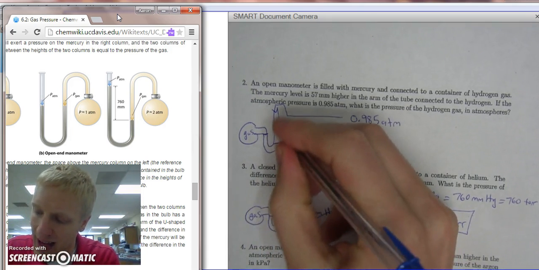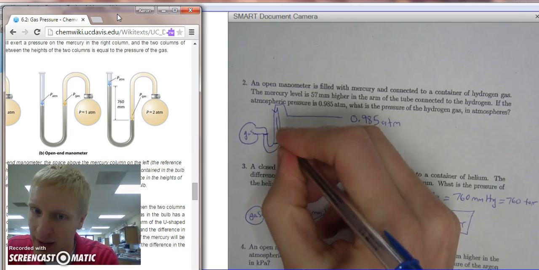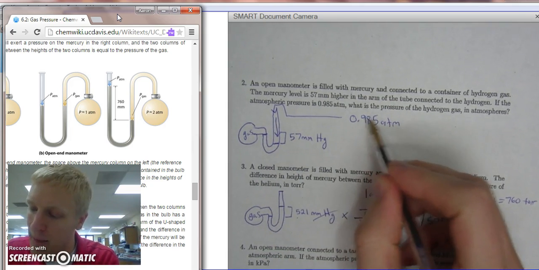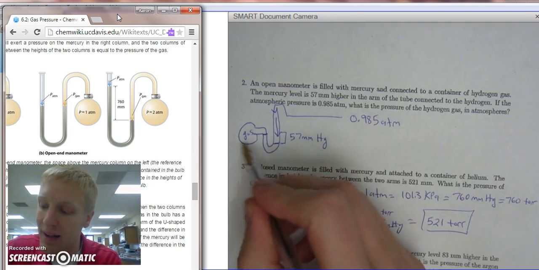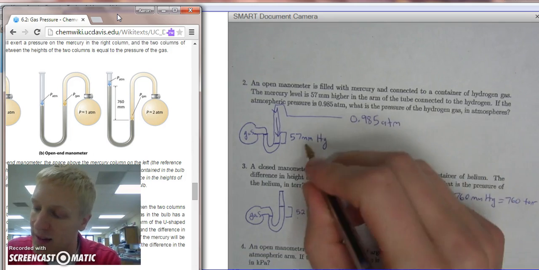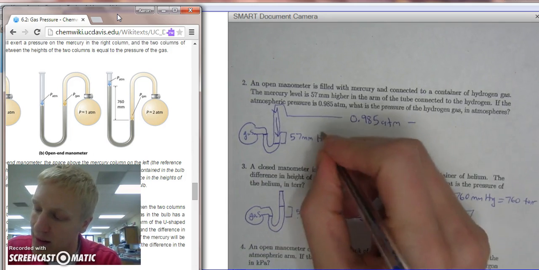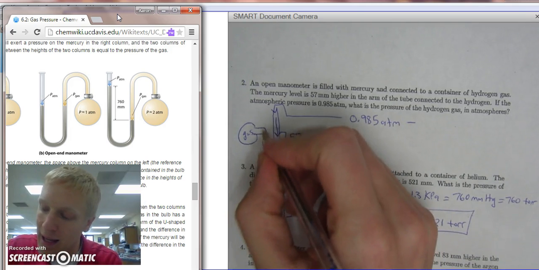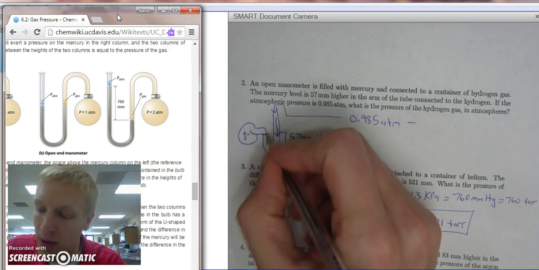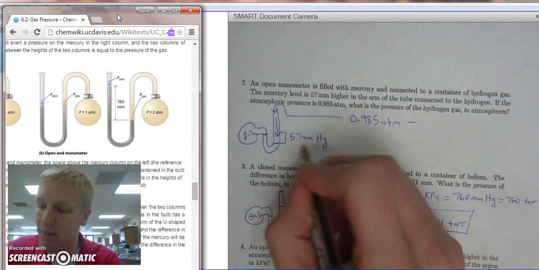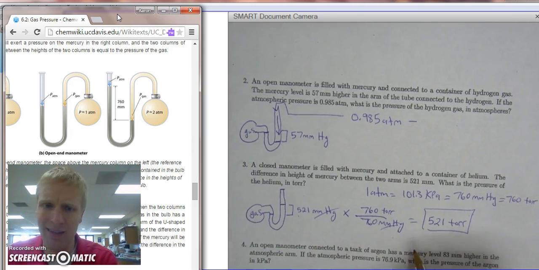So in this case, the atmosphere is pushing down on this guy a lot stronger. So therefore, my atmospheric pressure is going to be higher than the pressure in my gas chamber, which means I'm going to subtract my difference in pressure. If the gas was being pushed down more, then that would mean my gas pressure is higher, and I would add my difference in pressure. And that's really the trickiest thing.